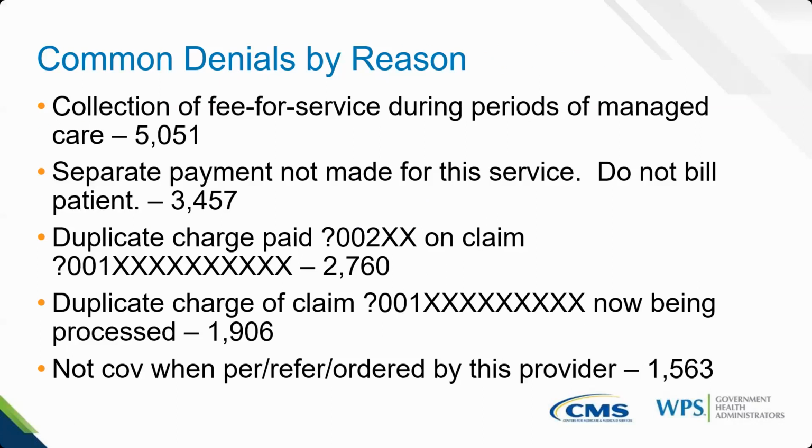Again, this would be a situation where you would check eligibility, ask to see the patient's Medicare card to determine whether they have traditional AB Medicare that you would submit to WPS, or if there's a Medicare Part C or Medicare Advantage plan that you need to submit the claim to.